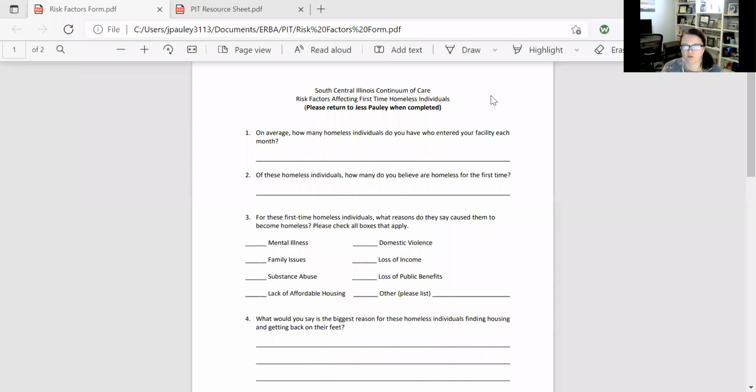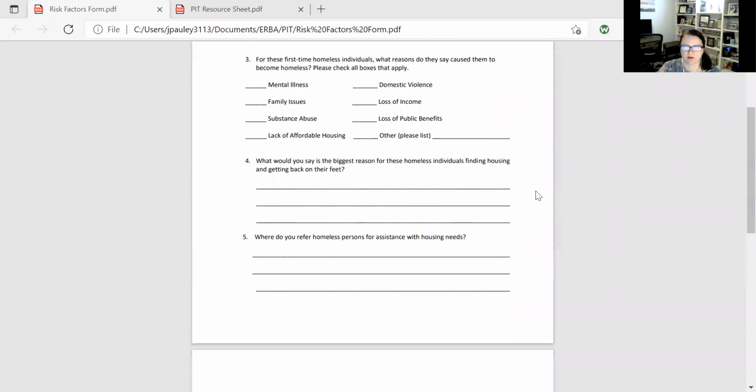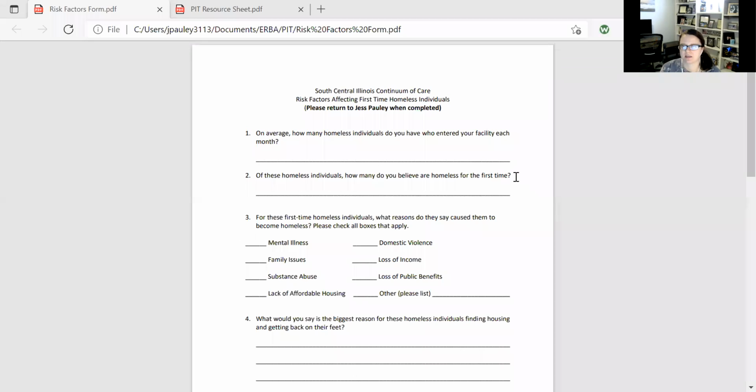Okay, so this form has 5 questions like we talked about, and this just gives us an idea on what is causing individuals to become homeless in our counties. So when you're speaking to those hotel operators or those agencies that are putting people in emergency shelter, these questions help us get their input on what they're seeing as those first-time factors that are causing that.